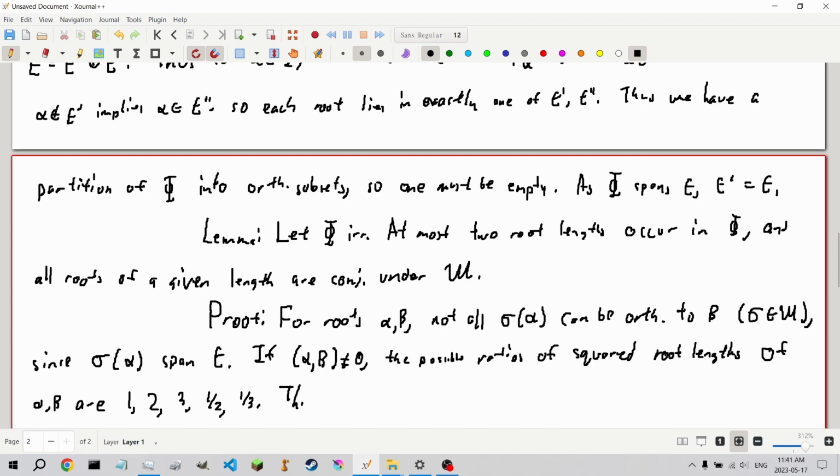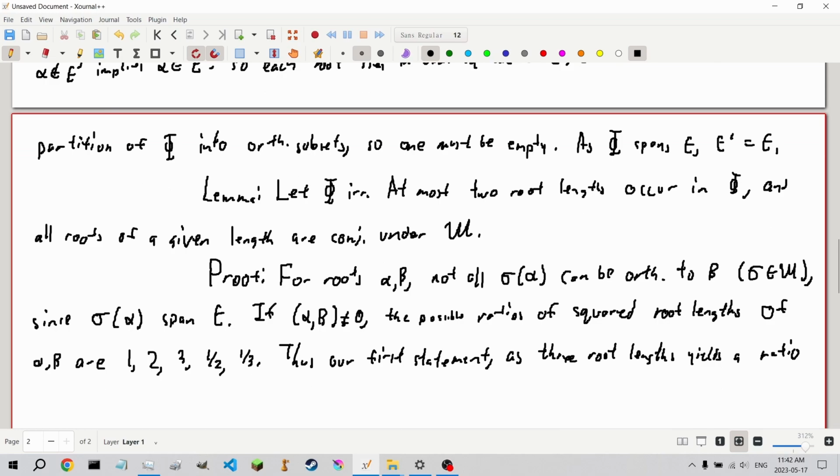And thus, our first statement follows, as you can see that taking 3 root lengths yields a ratio of 3/2.